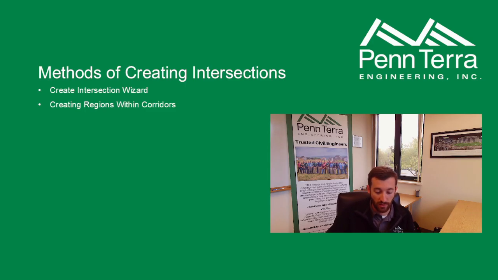And as opposed to the method of creating with regions, this allows you to use either a feature line or a separate alignment that's run along the face of curb for the curb returns. And then you can use that as the basis for a corridor region and have it target the profiles of the intersecting streets. That's the method we're going to show today.